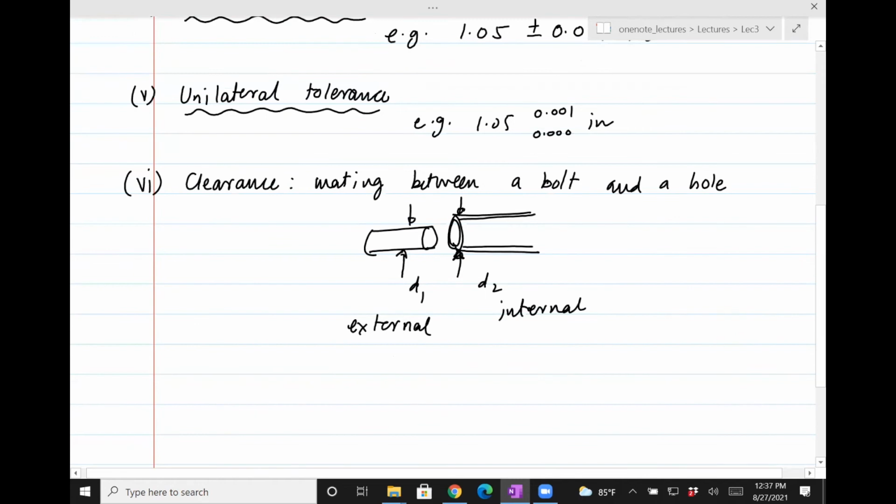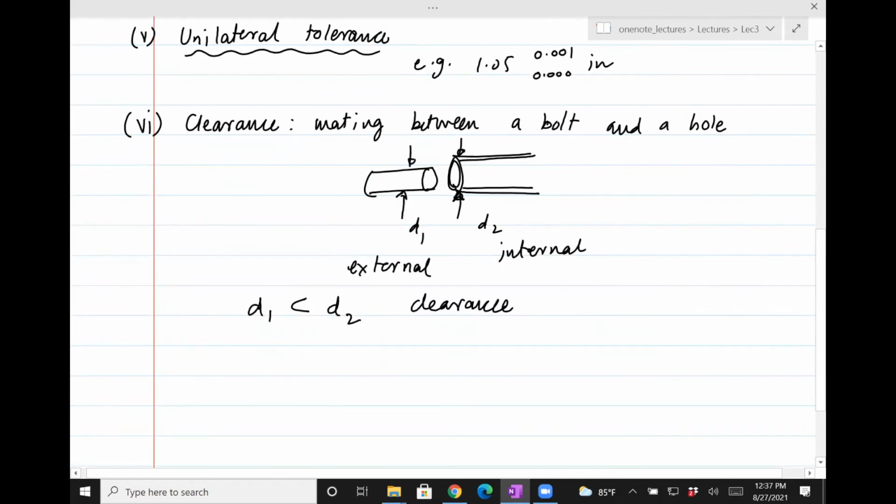And when the diameter of the shaft is less than the internal diameter of the hole, we have what is known as a clearance fit. That is, the shaft will go in the hole. The opposite of this is what we call interference fit. That's when D1 is greater than D2.